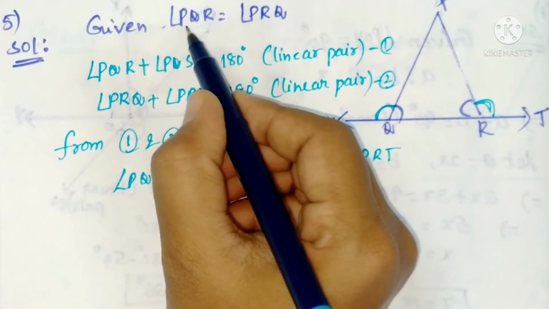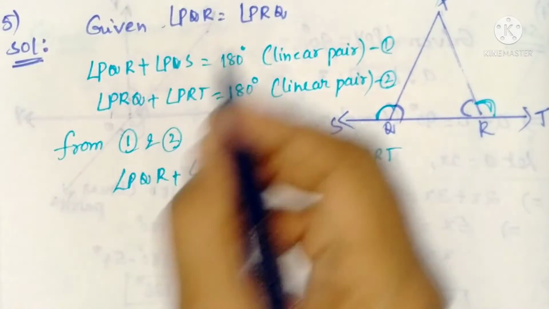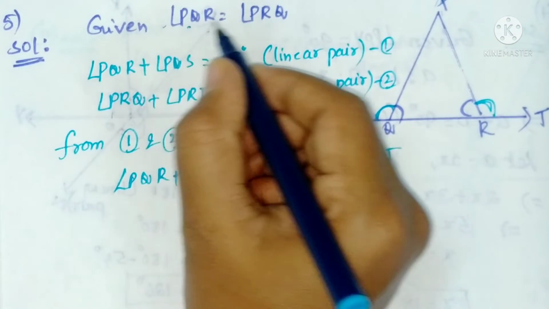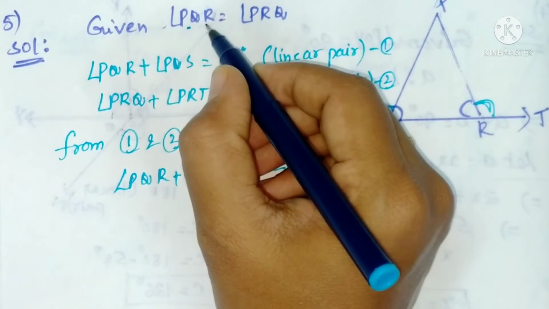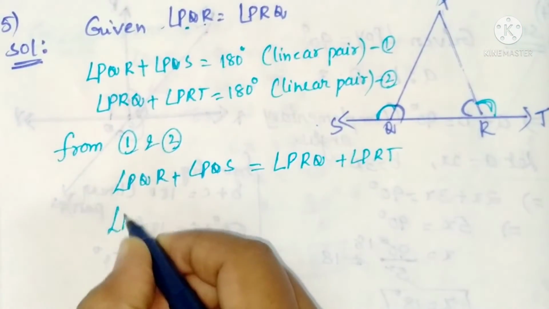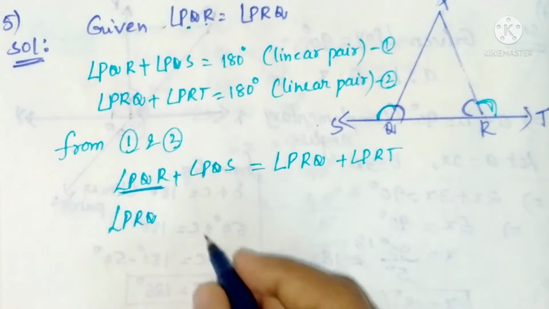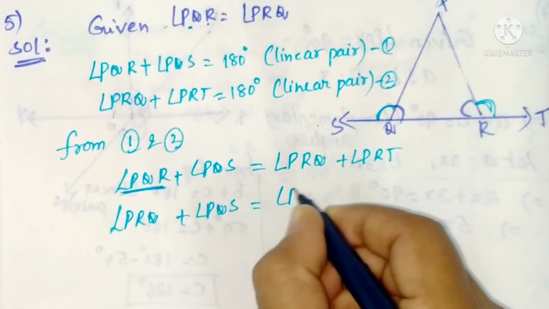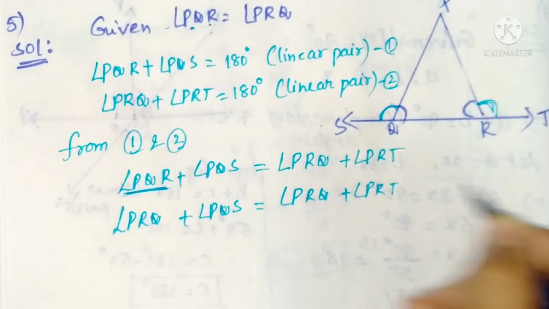Now, we have angle PQR is equal to angle PRQ. So, I am writing angle PRQ in the place of angle PQR, or we can write angle PQR in the place of angle PRQ, whatever it is. So angle PRQ plus angle PQS is equal to angle PRQ plus angle PRT.